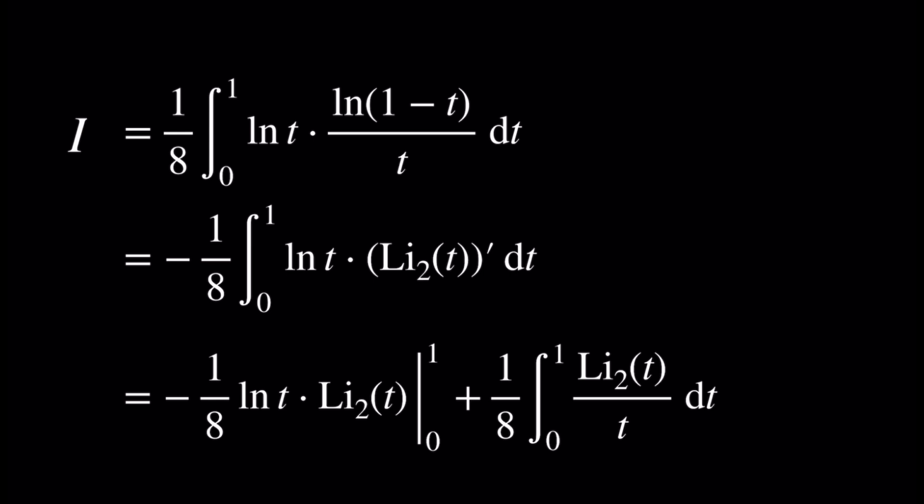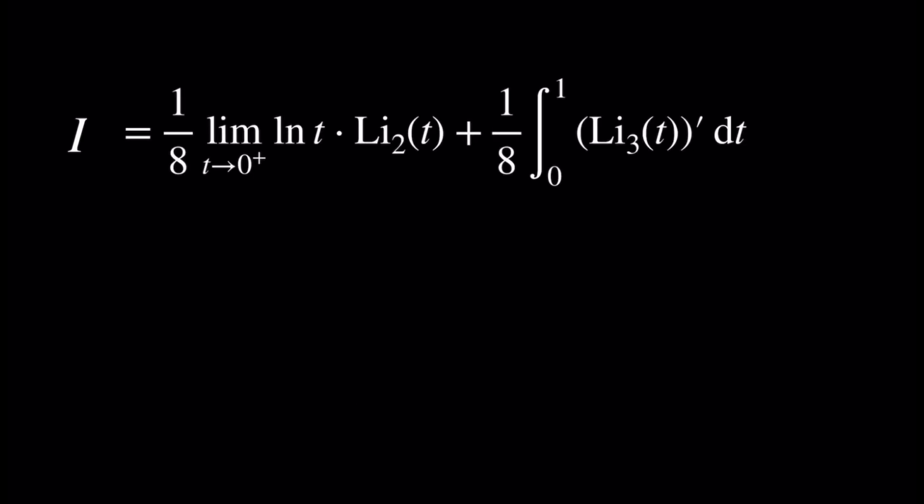And also notice that Li sub 2 of t divided by t is simply the derivative of Li sub 3 at t. So we're going to replace all of that. So I is now equal to 1 over 8 times the limit as t approaches 0 from the right of log of t times Li sub 2 at t, plus 1/8 times the integral from 0 to 1 of Li sub 3 at t prime dt.